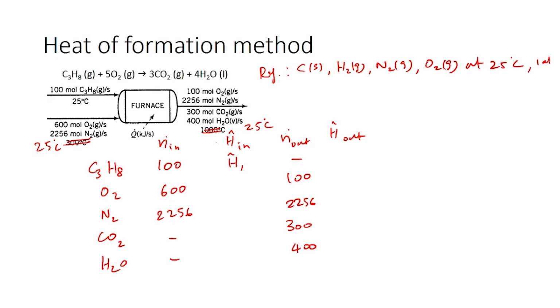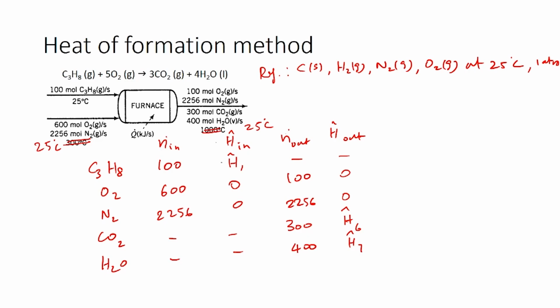Your reference states are carbon solid, hydrogen gas, nitrogen gas and oxygen gas, all at 25 degrees Celsius and 1 atmosphere. So, you do not have any enthalpy here, because based on our assumption we only have a temperature of 25 degrees Celsius here. These two values would be the same as the reference state, so you have 0 for this, and similarly our outlet condition is also 25 degrees Celsius. So, again oxygen and nitrogen would be 0. We have carbon dioxide and water forming. Let us call these H6 cap and H7 cap to be consistent with what we did last time.